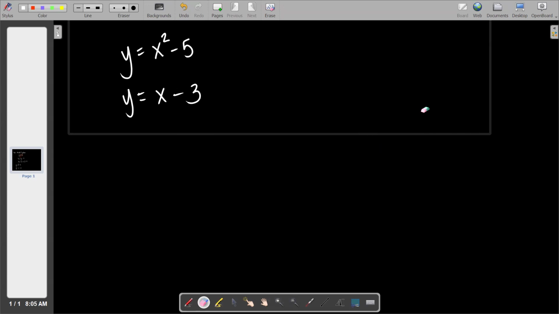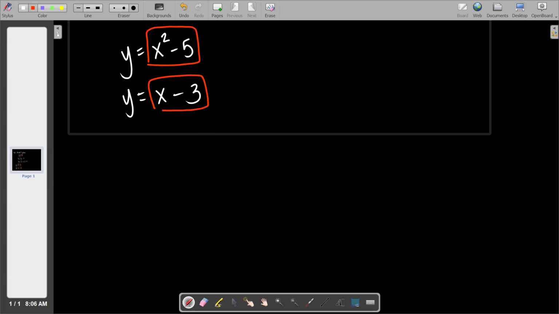So anyways, let's get to it. As far as substitution is concerned, you kind of have your pick. This is an interesting substitution scenario because if someone says get a variable by itself, it's already done twice. So you get to pick. The bottom line is that if y equals this, and y also equals x minus 3, let's pause for a second.